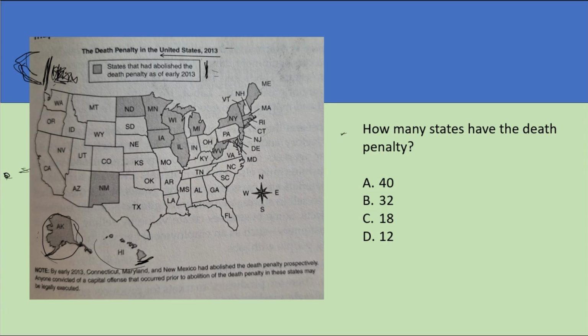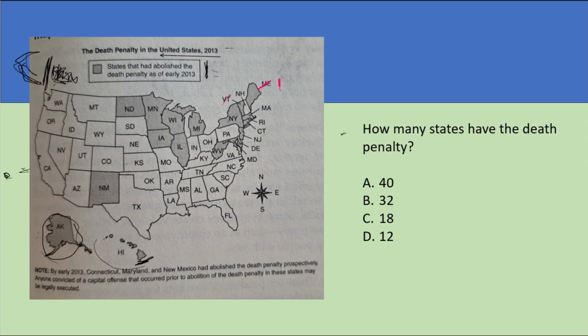So what we're going to do is start counting. I'm going to line out states when we see that it's grayed out, which means they don't have the death penalty. And I want us to start on the East Coast. That's where I just drew in pink. So I'm going to start counting, right? We have 1. NH is New Hampshire and it's white, so I'm not going to scratch that out.